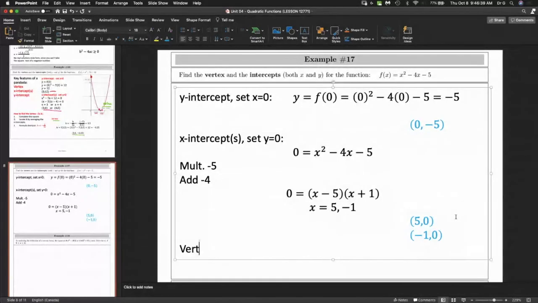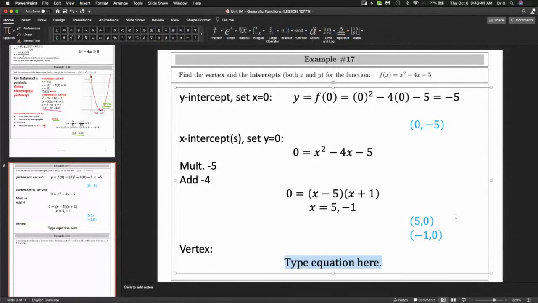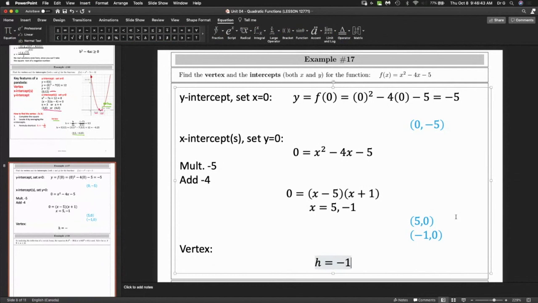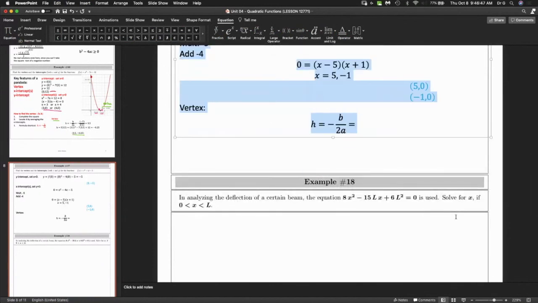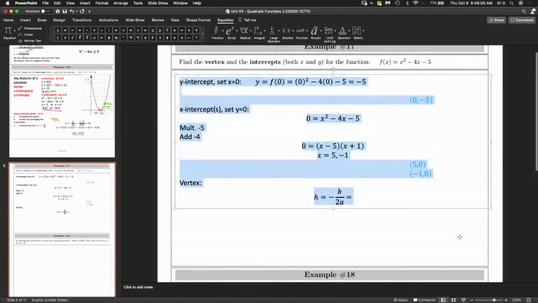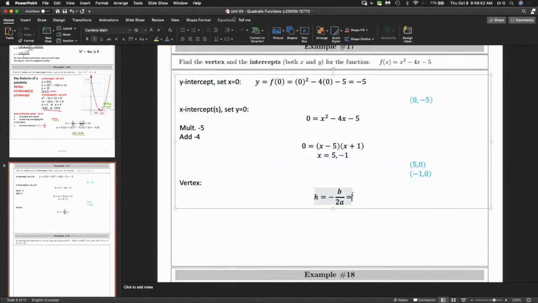And now we need the vertex. So the shortcut for the vertex I mentioned earlier is this formula. You could also average the x-intercepts. That's negative b over 2a. So that equals 2.